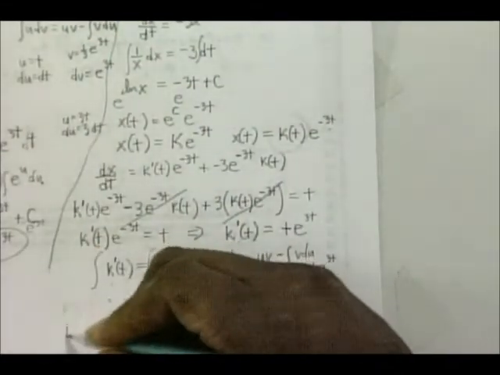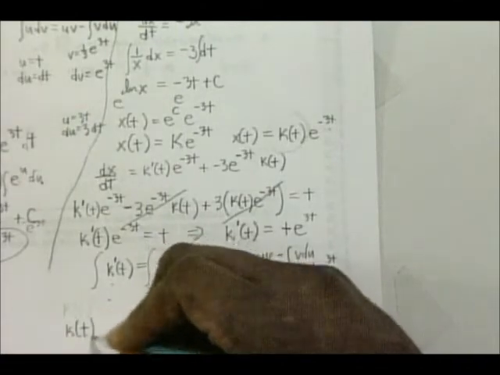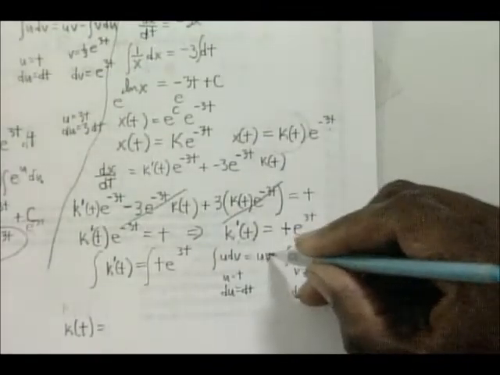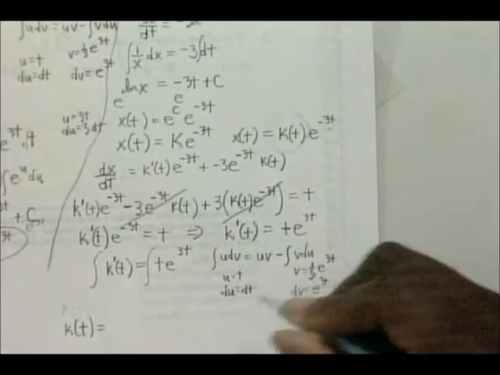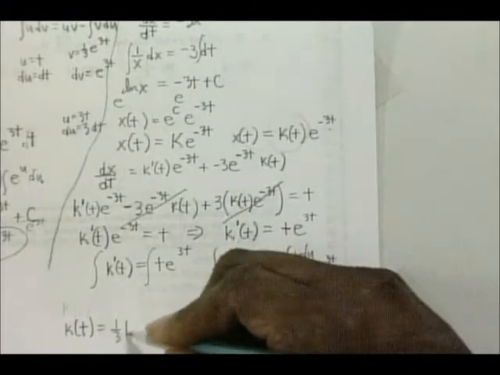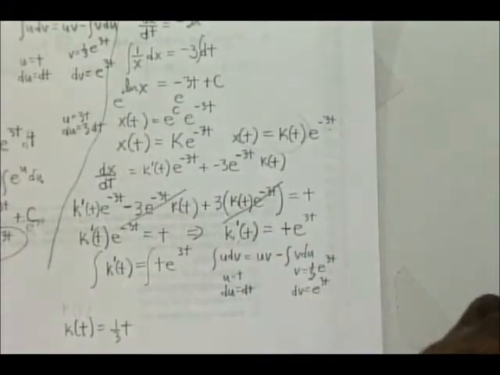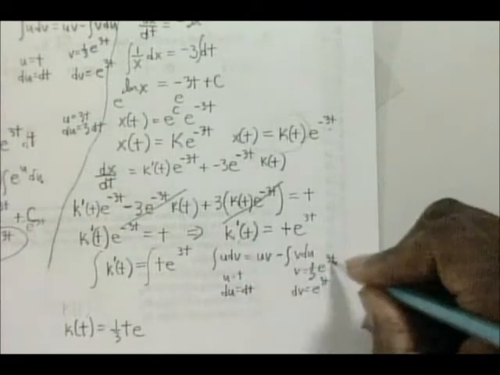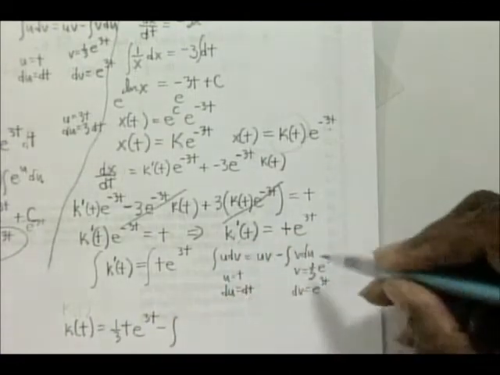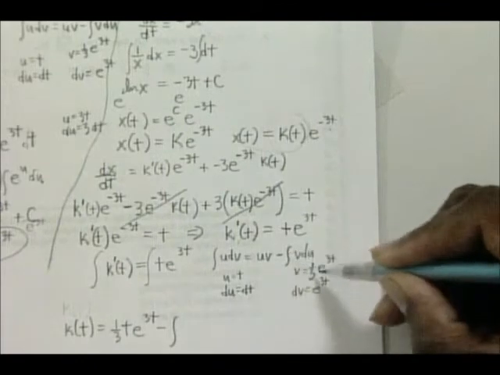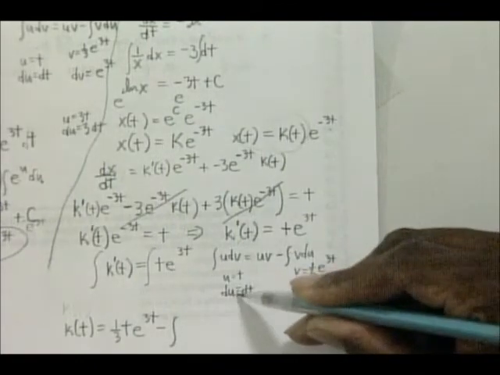So we end up with k sub t is, we end up with u times v. So we're multiplying these two terms. We get 1/3 t e to the 3t, that's u times v, minus the antiderivative of v du.